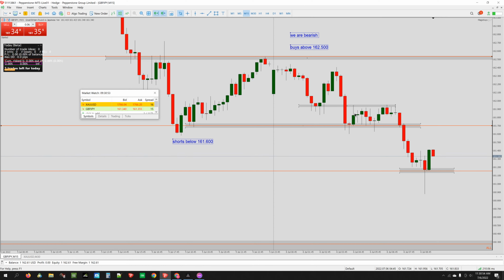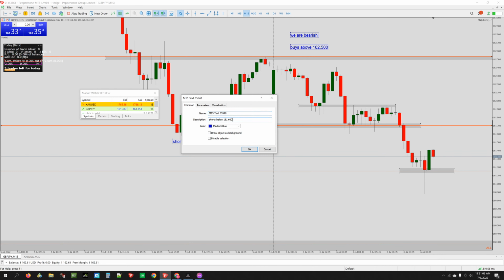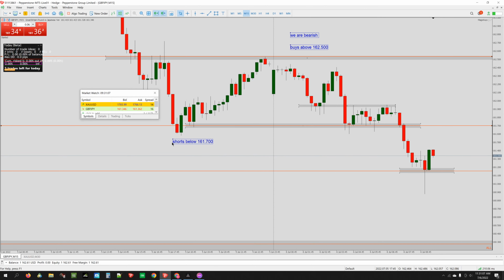I am anticipating buys above the 161.700 area, based on my pattern 1, but for that pattern to be valid, a few conditions need to be met.